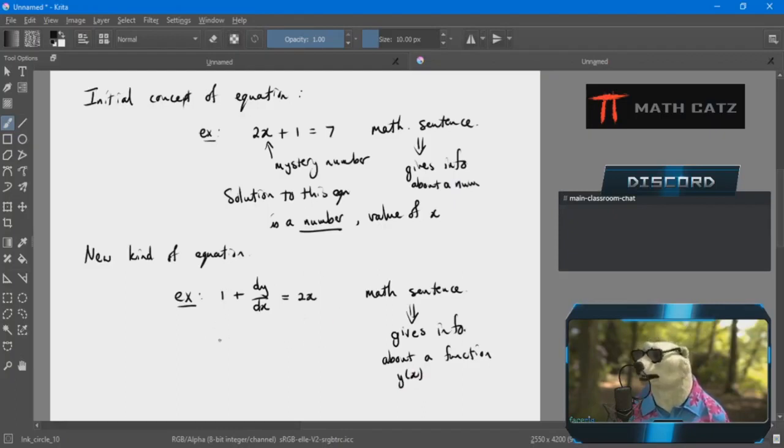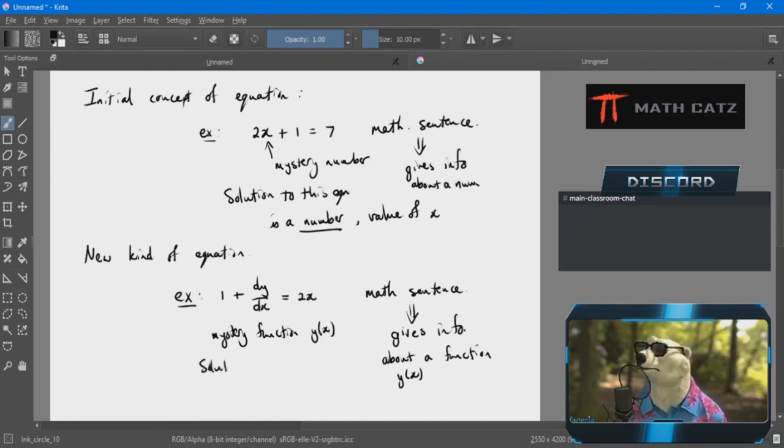And I'm trying to find the mystery function y of x. The information is that if I take the number 1 and add the derivative of the function, I get an answer, so to speak, of 2x. So the sentence topic is different than my original style of equation that gives me information about a number. This one talks about a function.